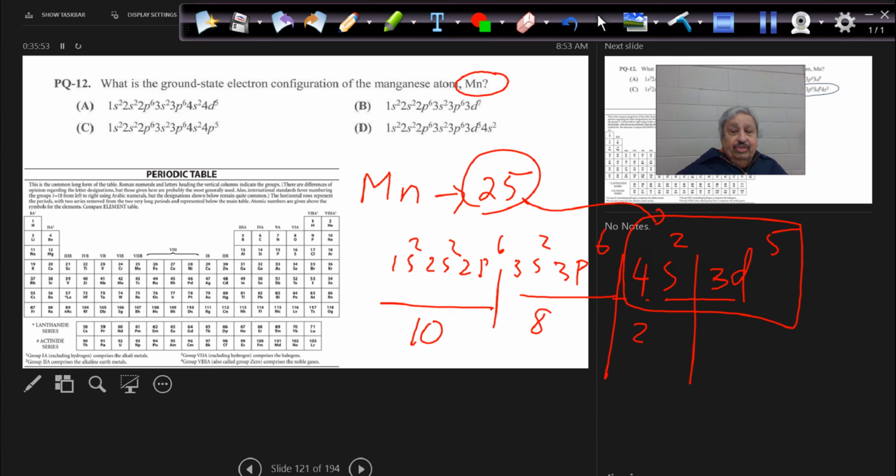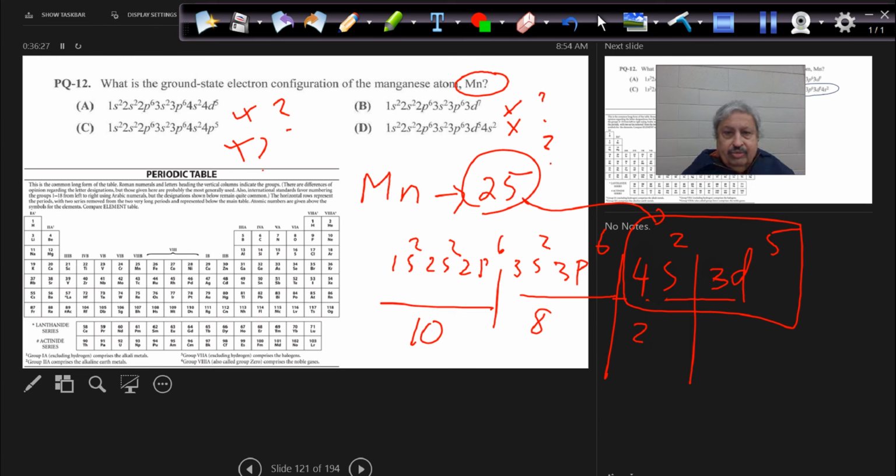Okay, and you can compare all your data to see if they are the same or not. So which one is the correct one? Look at this here. Manganese is in the fourth period.